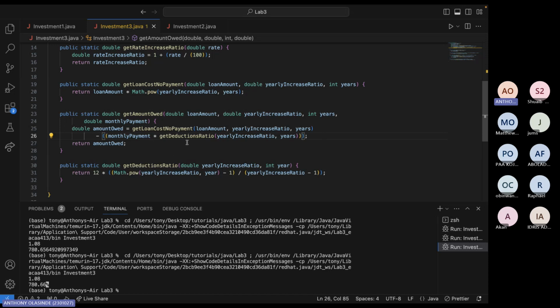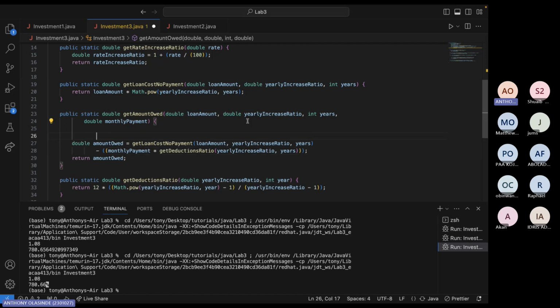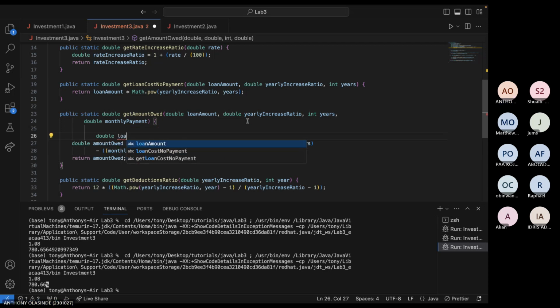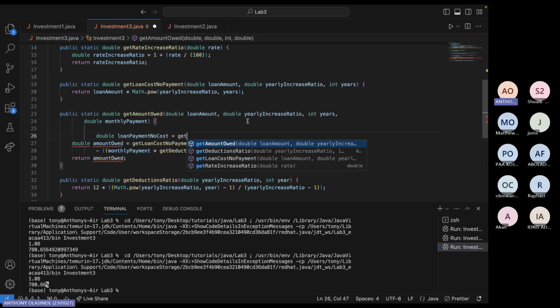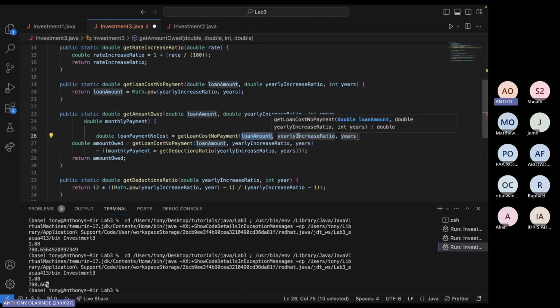Introduce it, and you can see it's getting smaller. All we needed to put here was, let's actually make it interesting, double loanPaymentNoCost equals getLoanPaymentNoCost, supply loan amount, supply yearlyIncreaseRatio, supply year.